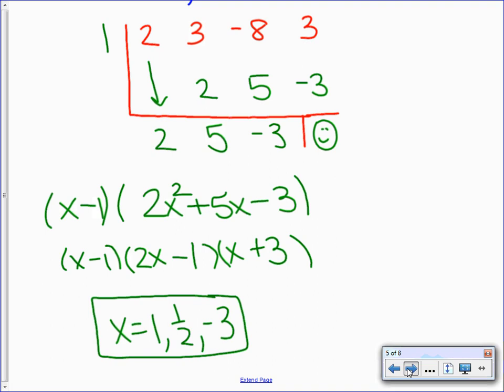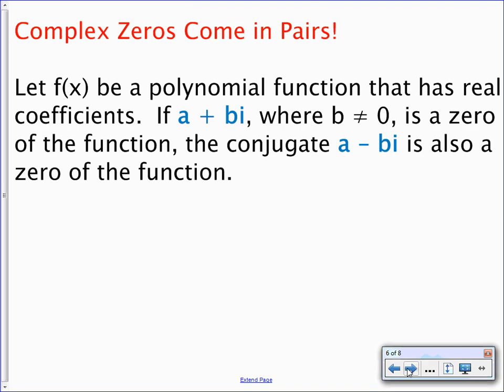It is important for you to know that if we have complex zeros, they will always come in conjugate pairs. So you saw our first example where we had 3i and -3i, those are conjugates. If 1 plus 2i is a 0, then 1 minus 2i also has to be a 0. If we have a polynomial that has an imaginary or a complex 0, it will come in complex pairs.